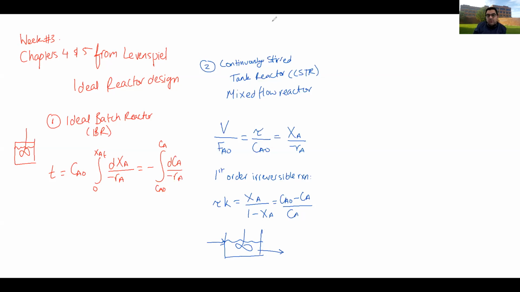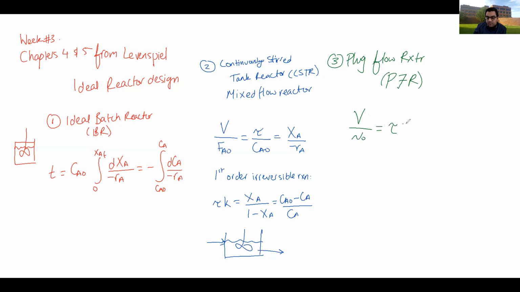And the third type of reactor we talked about is a PFR. So the third type of reactor was your plug flow reactor, PFR, right? And the equation for a PFR we said is V over your volumetric flow rate v0.